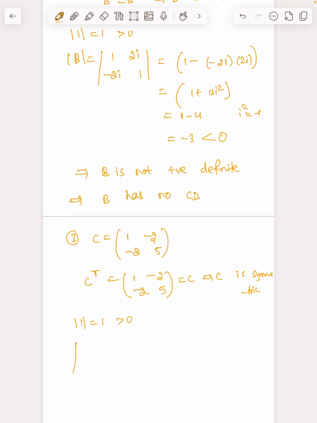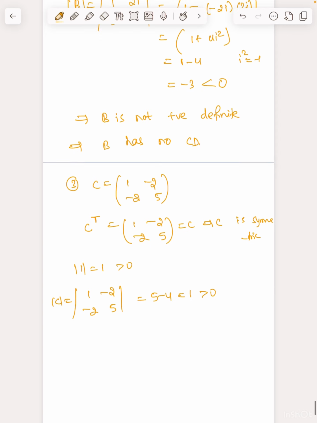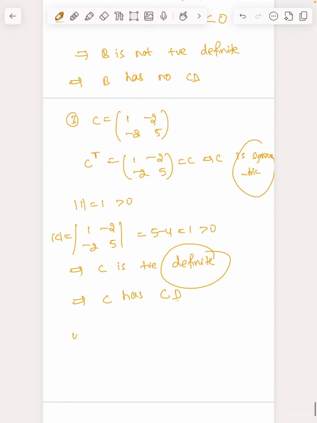For the second principal minor, the determinant of C, which is the determinant of 1, minus 2, minus 2, 5, is equal to 5 minus 4, which is 1. This is greater than 0. This implies C is positive definite. C is symmetric and positive definite. Therefore, C has a Cholesky decomposition.